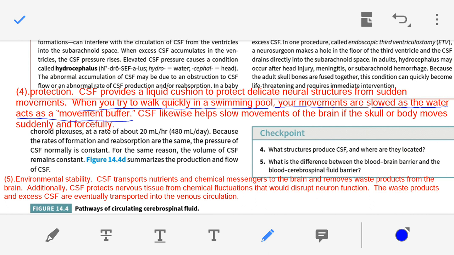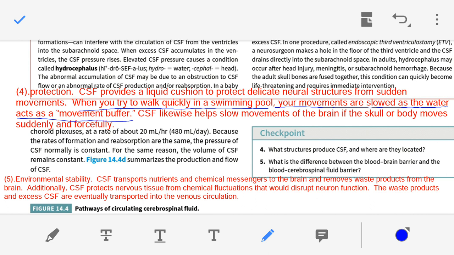But CSF is there, acting as a protective liquid. It is acting as a protecting cushion, and it is absorbing the shocks or the jerks. So in that way it is protecting the brain and spinal cord.